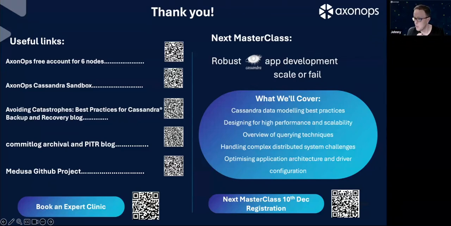Just to add to that point, both AxonOps and Medusa support this kind of incremental differential way of backing up, and they work in a very similar way. There's only really one way of doing differential backups, which is having those manifests. What's important is that, depending on the compaction strategies, some SSTable files just never change.